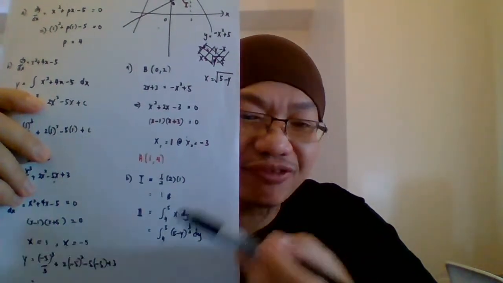This is the formula, right? We can use the formula. So power half plus 1. You're supposed to get 5 minus y power 1 over 2 plus 1, which is 3 over 2, over 3 over 2 times negative 1, from 4 to 5.